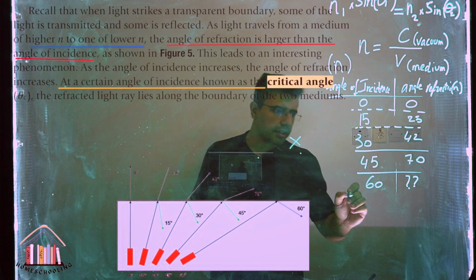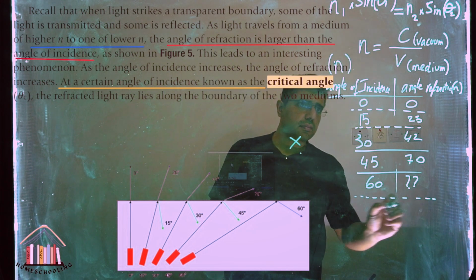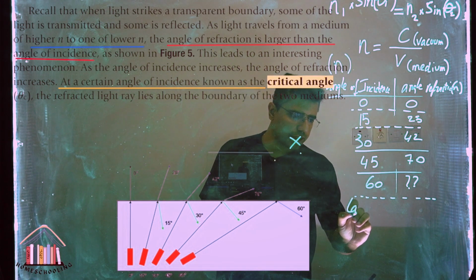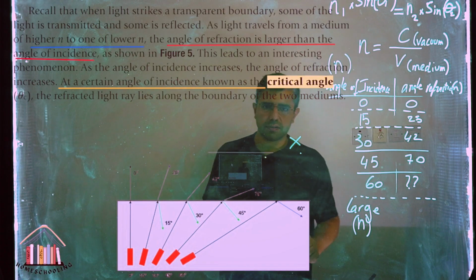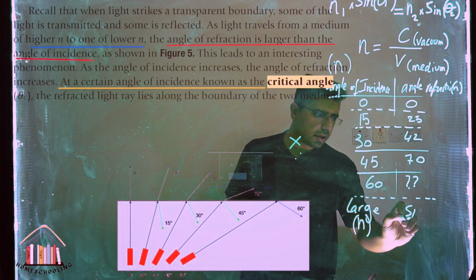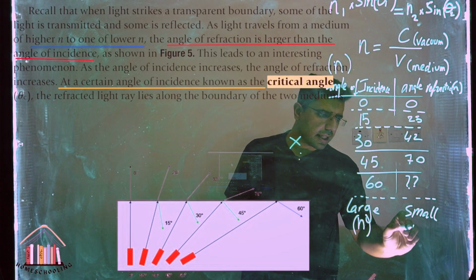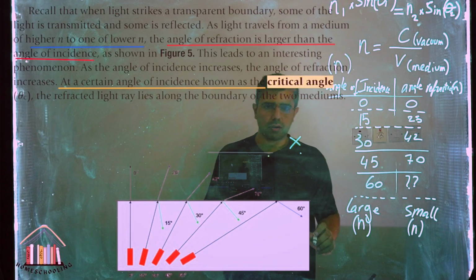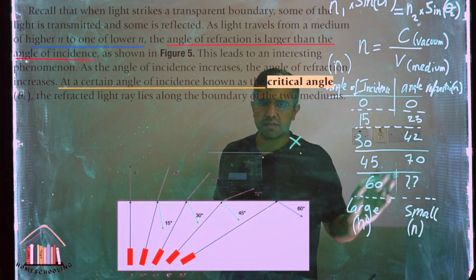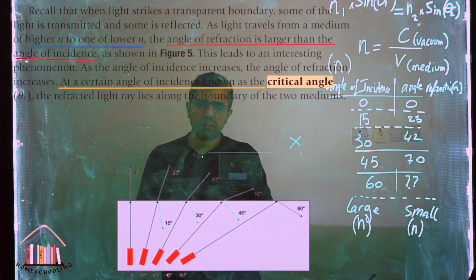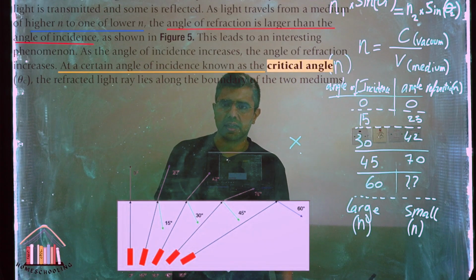So again, I write here: here we have a large index of refraction, and here we have a smaller index of refraction. Okay, so that's why you see this phenomenon.